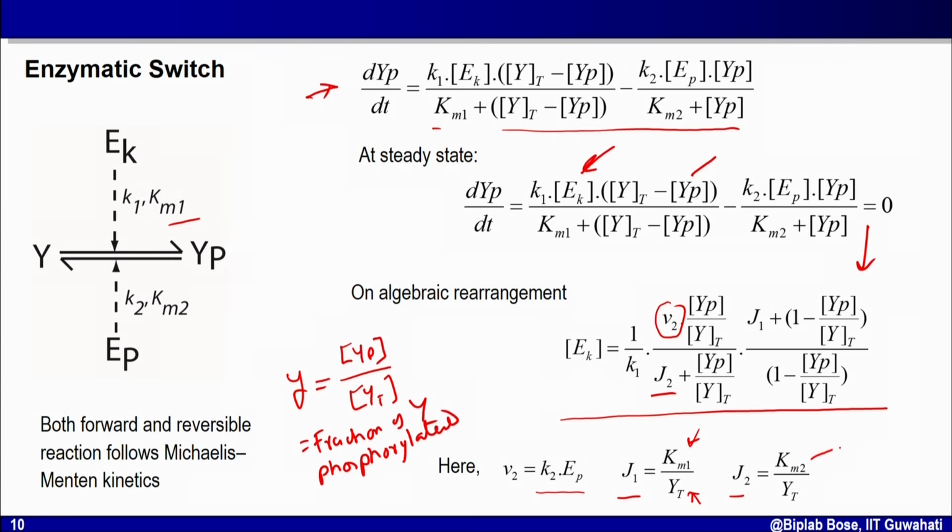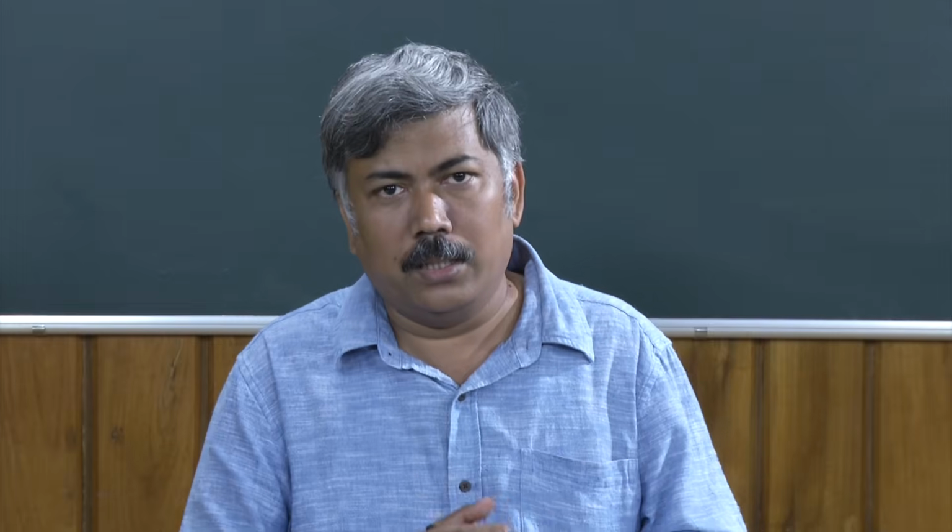So Km2 is the Michaelis-Menten constant for this reverse reaction, dephosphorylation, and Yt is the total amount of the substrate, Y plus Yp. These J1 and J2 will be crucial in our discussion. So we have to keep in mind these are nothing but the ratio of the Michaelis-Menten constant and the total amount of the substrate, that is Yt.